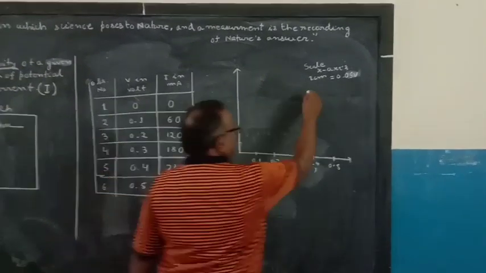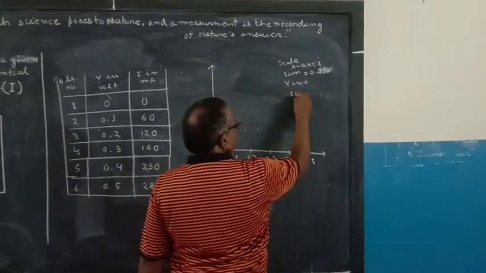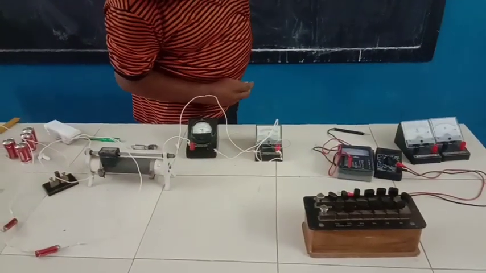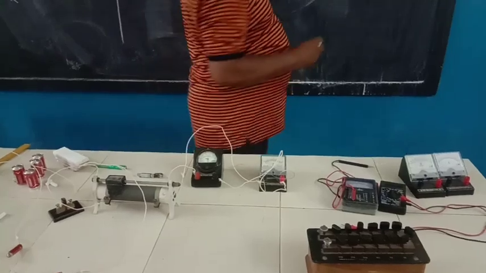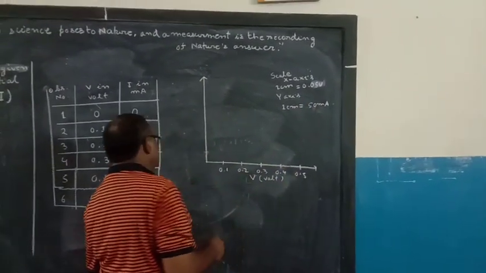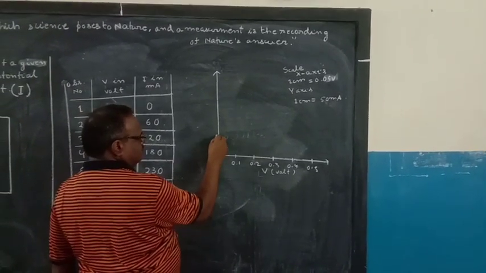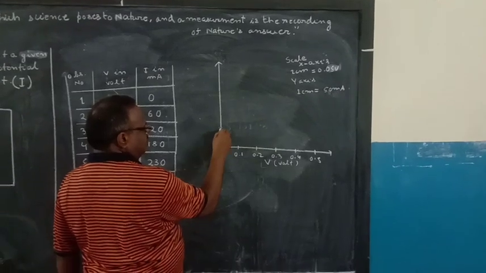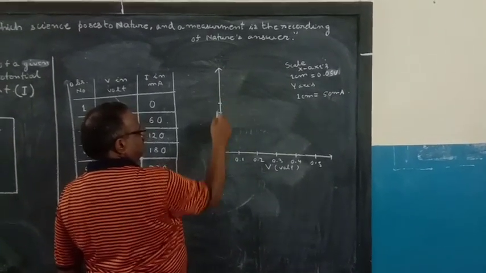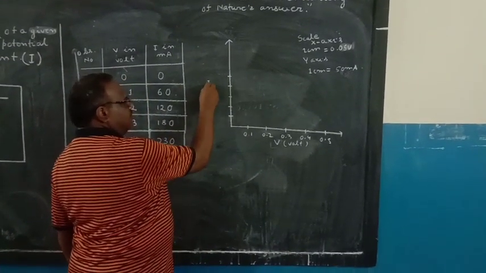So 1 cm in y-axis, 1 cm, 1 cm, that is equal to 50 milliamp. So like that you can do. So you take here 2 cm, 50, 100, 150, 200, 250 or 1 cm. And it is I in milliamp.